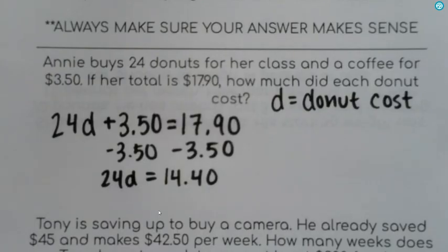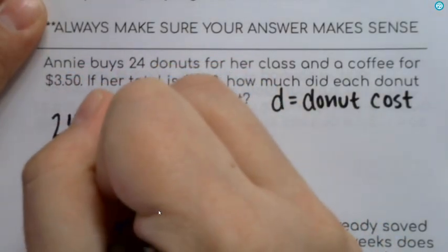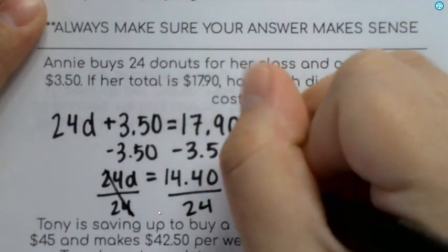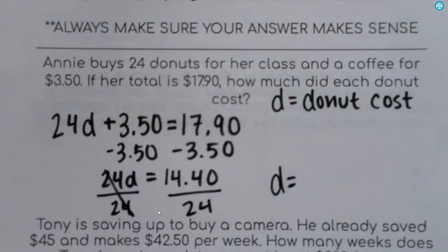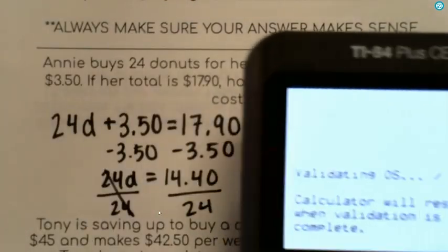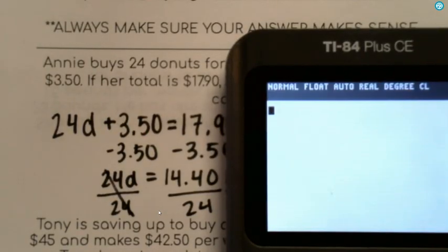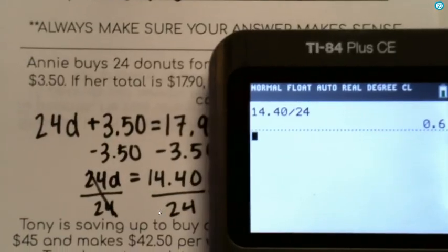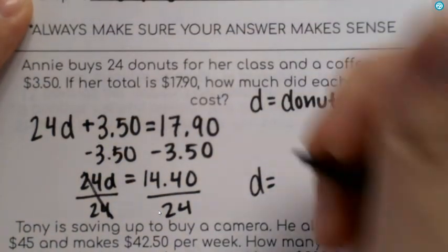Alright, and then the last thing I need to do to finish solving that is I need to divide by 24. These cancel. And then I'm definitely going to need a calculator for this. Where's my calculator? So let me cover that up. 14.40 divided by 24 is 0.6. So 0.6.